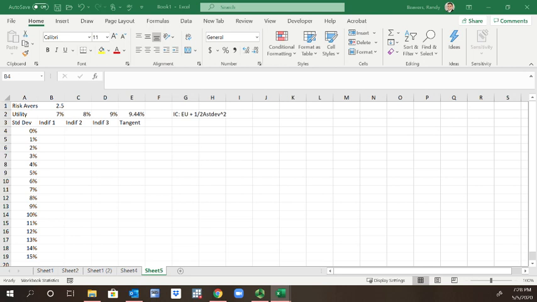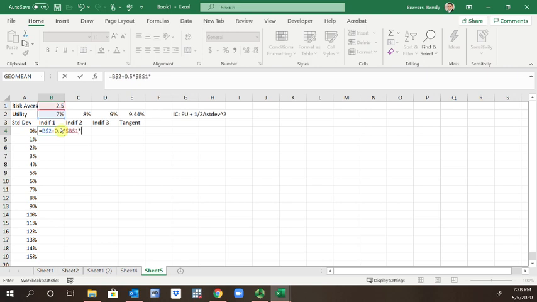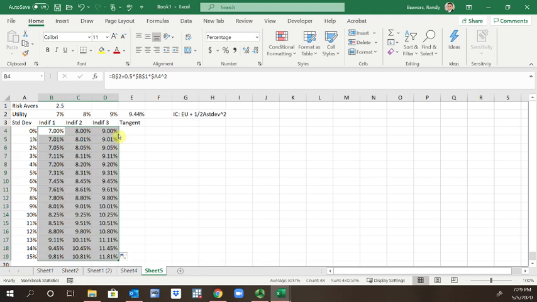So this will be equal to the following formula: B dollar sign 2 plus 0.5 times B1 anchored times A4 caret 2, and the A in front of the A4 needs to be dollar sign anchored. So now I drag this across and then double click, send it down. So you should have 7% all the way to 11.81% for various indifference curves.